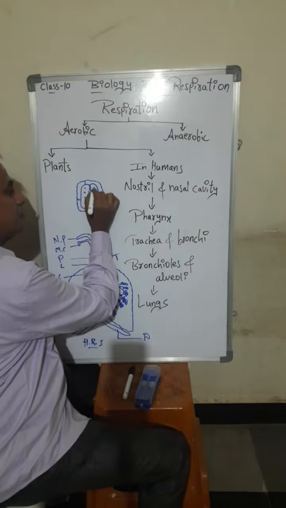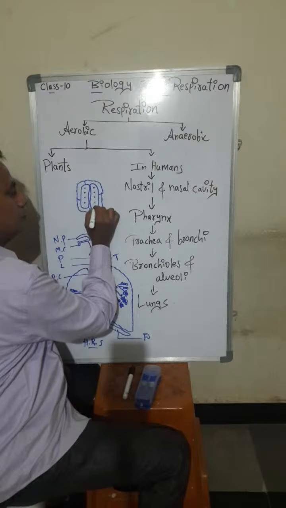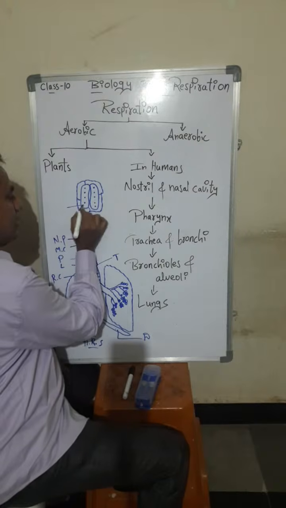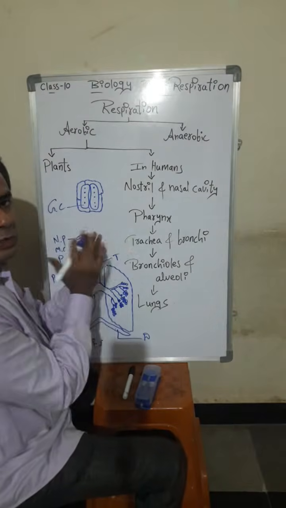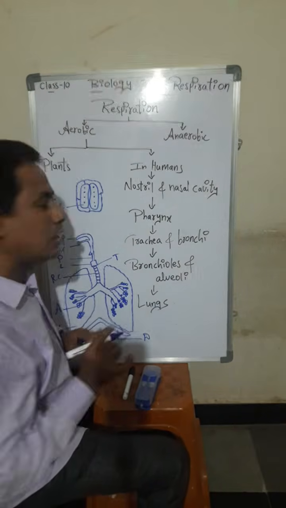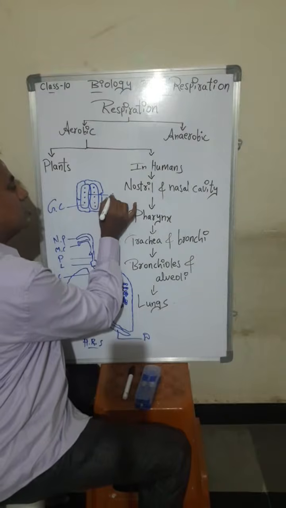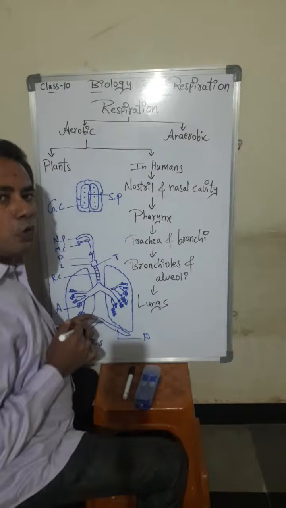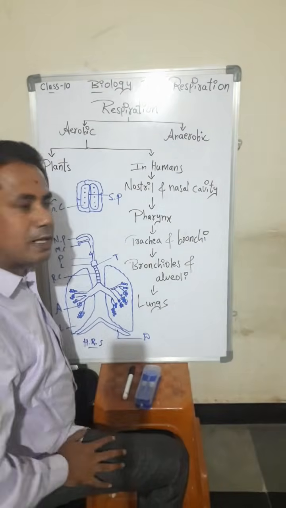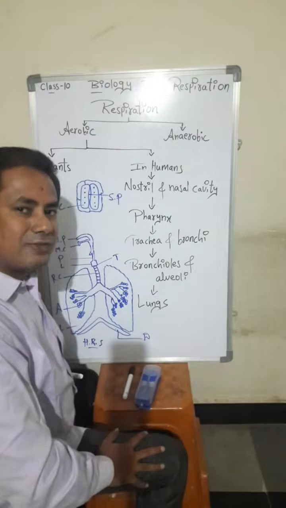Chloroplast. So what are these? Guard cells. Guard cells are responsible for opening and closing of stomata.